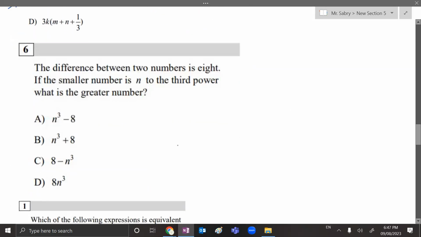Anyway, number 6, the difference, meaning minus, between two numbers I don't know, is 8. Let's say I don't know what the two numbers are, but the difference, meaning minus each other, gives me 8.